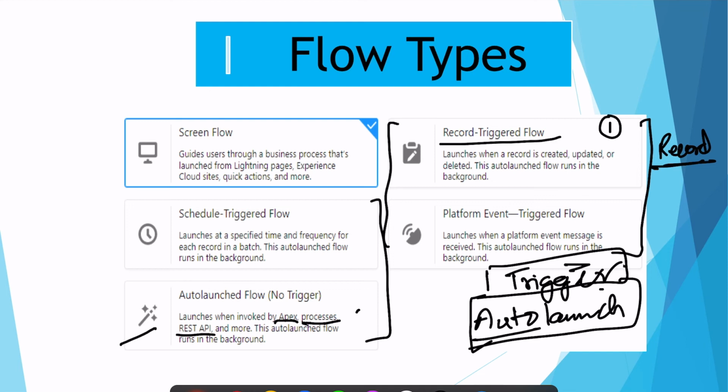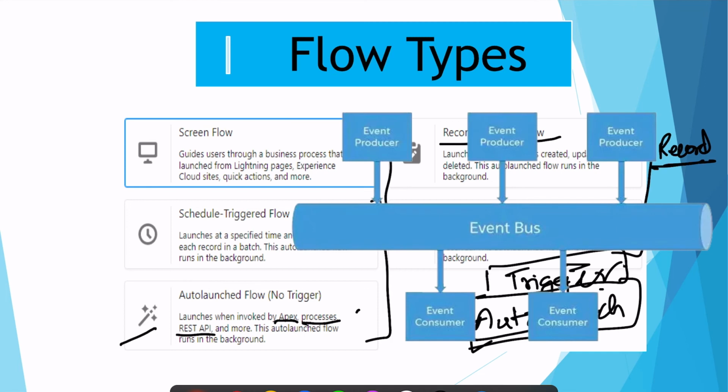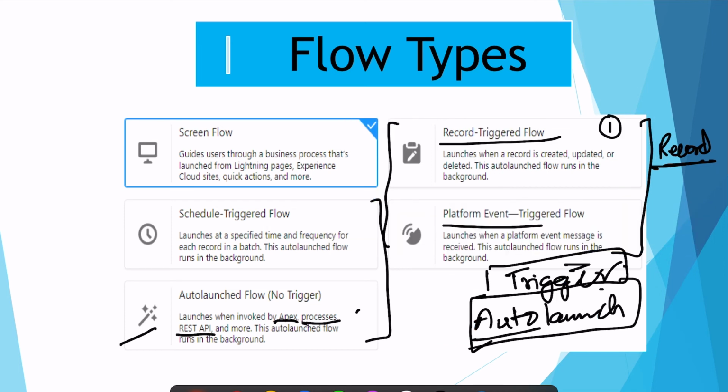If we talk about platform event trigger, this launches when an event message is received in the event bus, and if that trigger is subscribed to that event bus, then this will trigger. If we talk about schedule trigger flow, we can define a criteria for these records.